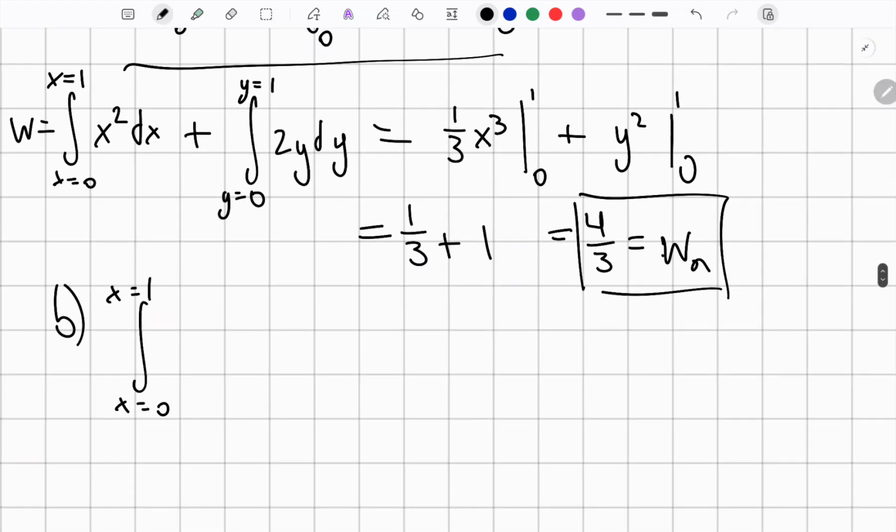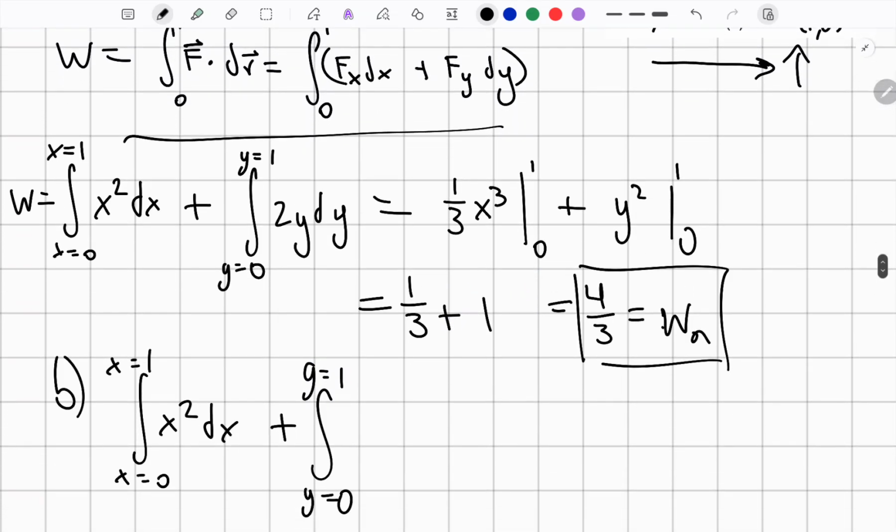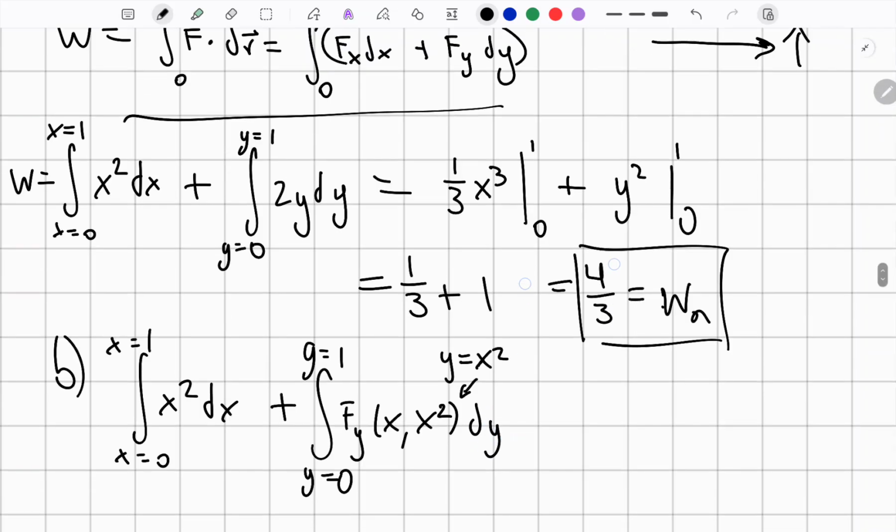Still going to split the integral like this on the path, x squared dx plus the integral of y equals 0 to y equals 1 on that force of y evaluated when y equals x squared. So when we have a y, we're going to plug in an x squared, dy.